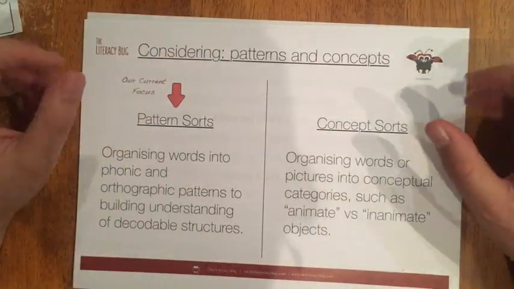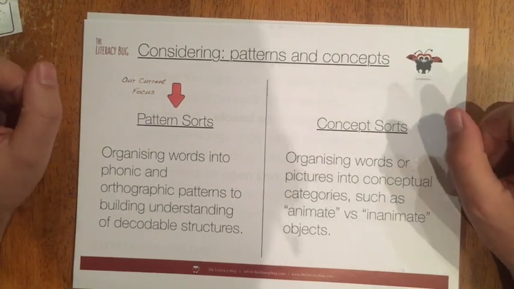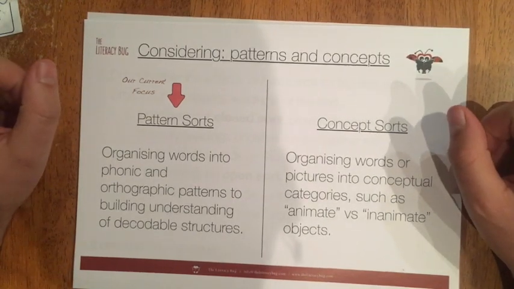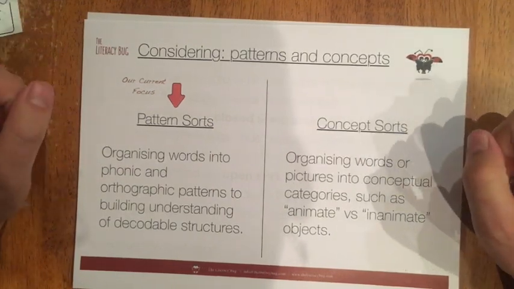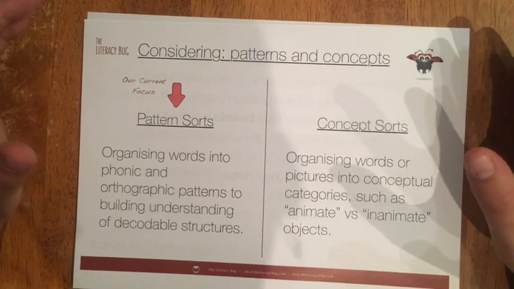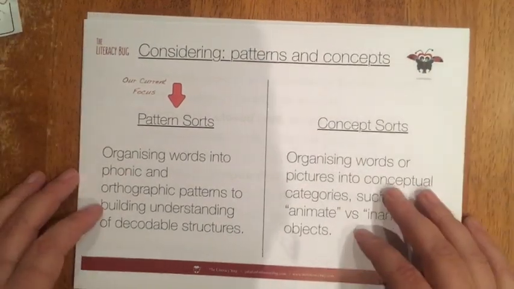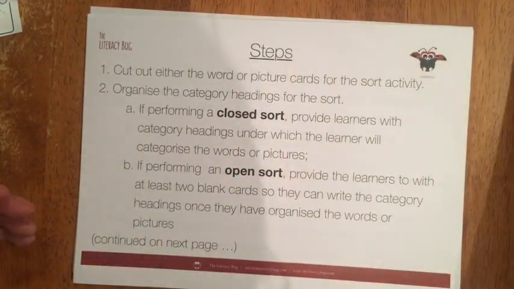I've got a range of words. I'm just learning this concept of animate versus inanimate, or warm-blooded as opposed to cold-blooded, and I have to look at a series of things and sort them to reinforce my understanding of that concept. So that's a brilliant way of using sorts as well, and highly encouraged.